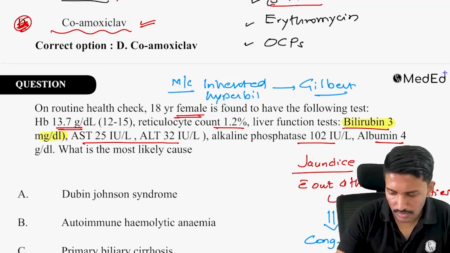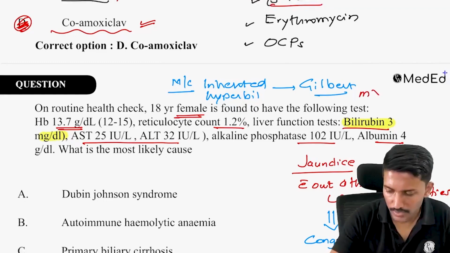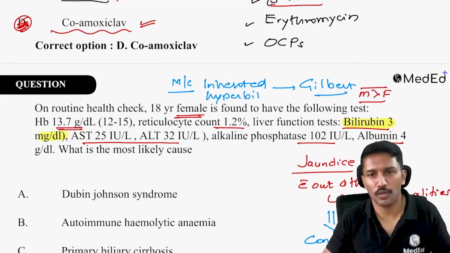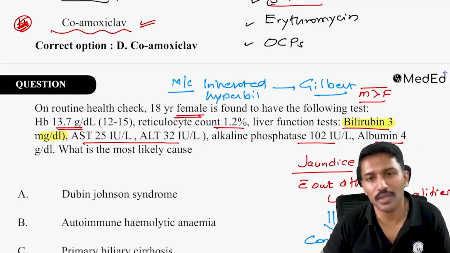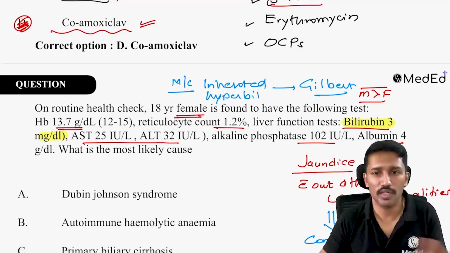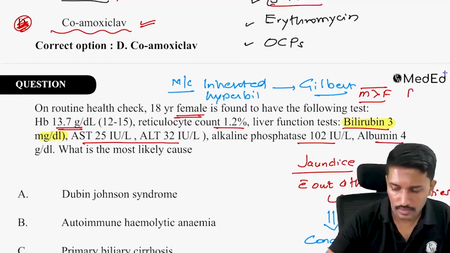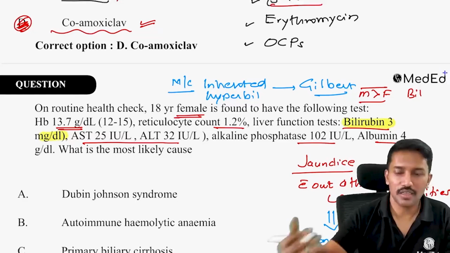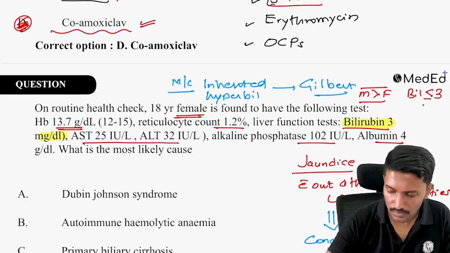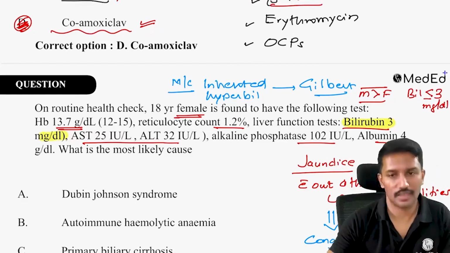Now typically Gilbert is more common in males than females. In this case it is female, so that is one point which is going against our answer here, but otherwise I am not saying that it is exclusive to males. It is more common in males than females. And here the bilirubin levels generally do not exceed 3. So it is usually less than 3 milligrams per deciliter.